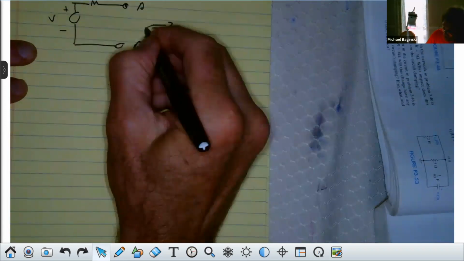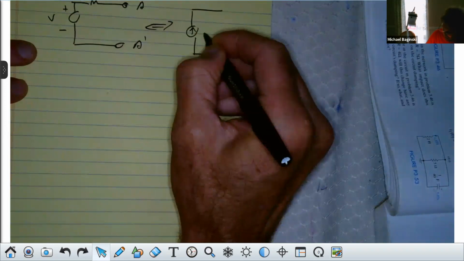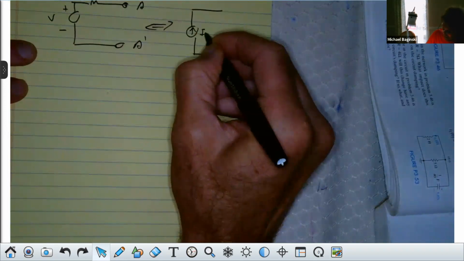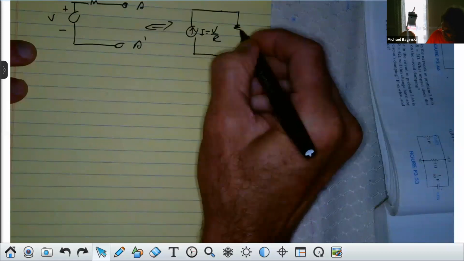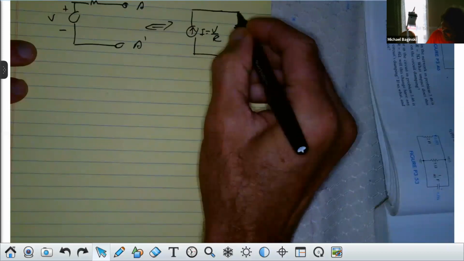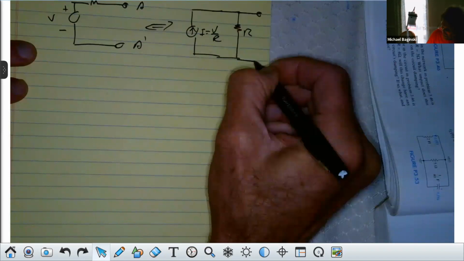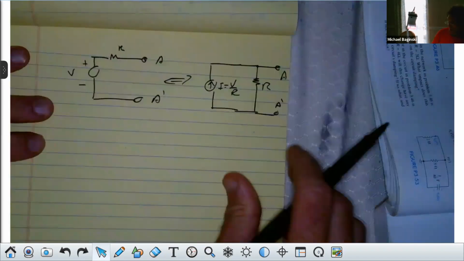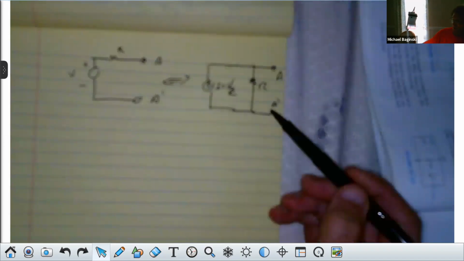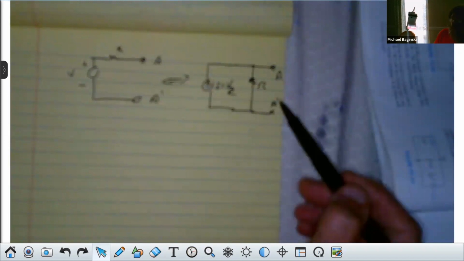This is exactly equivalent to a current source where I is equal to V over R, in parallel with that resistance. And between these terminals A and A prime, anything can be on that side, but these two circuits are identical for their output between A and A prime.